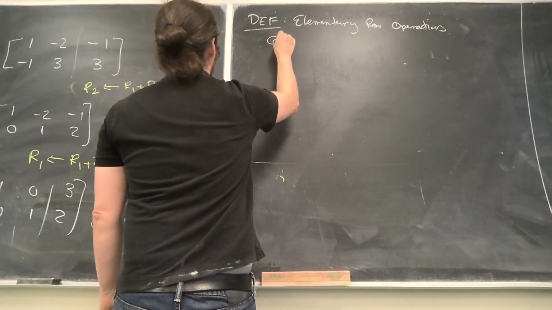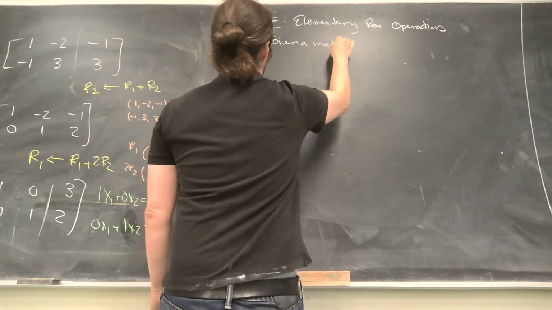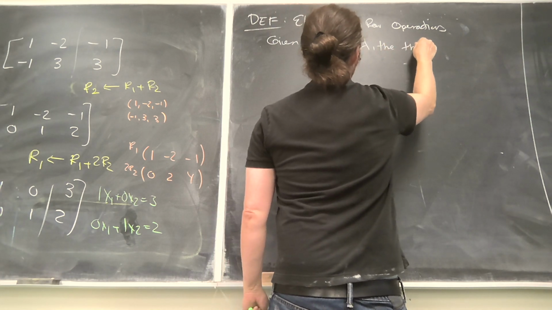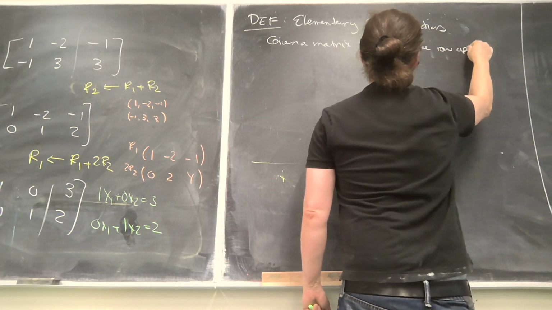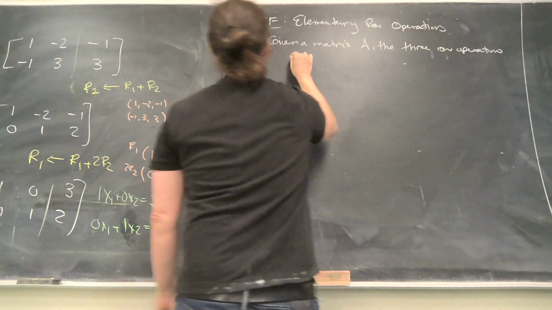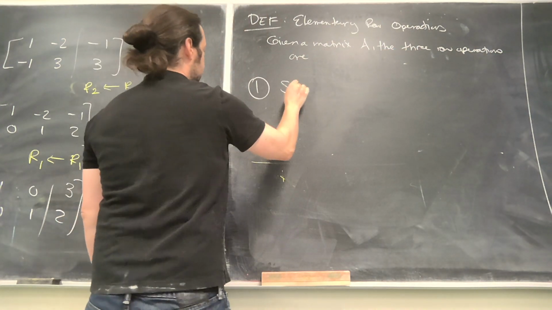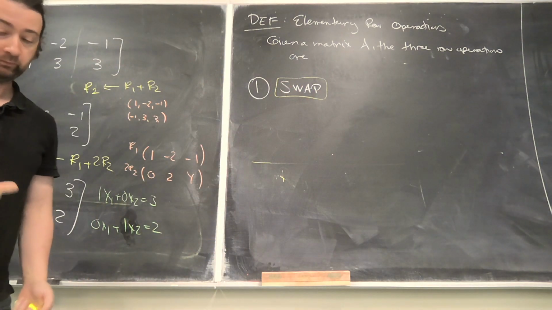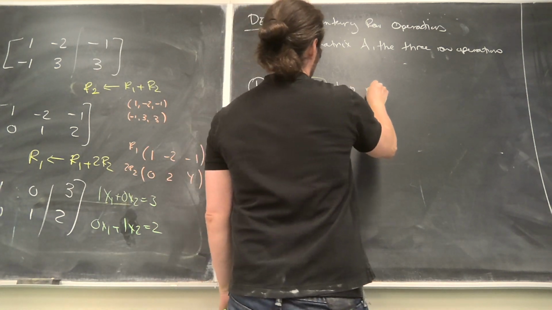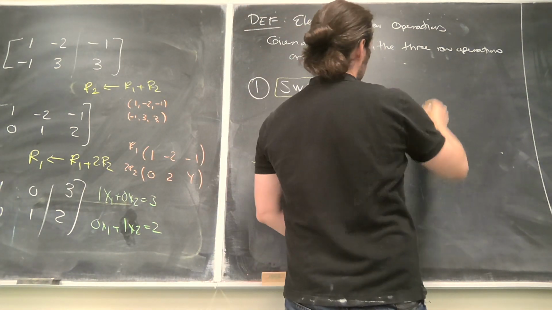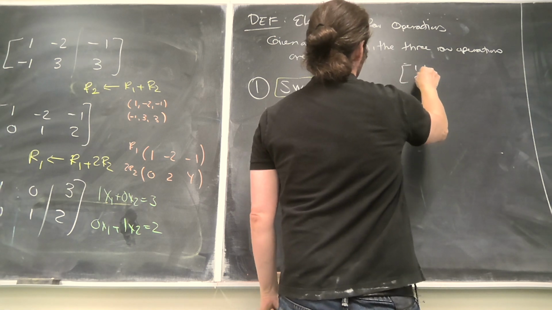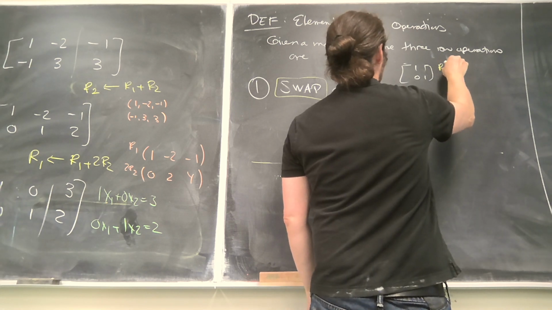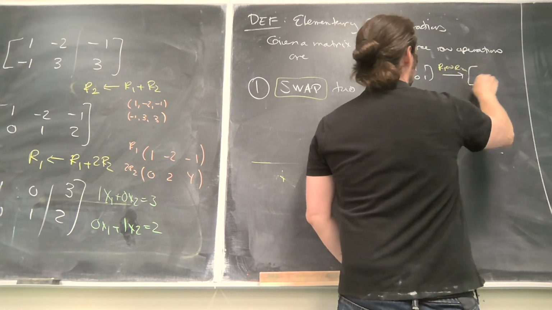Given a matrix A, the 3 row operations are: 1, I can swap 2 rows. An example here might be if I had the matrix 1, 1, 0, 1, I could switch the positions of row 1 with row 2. And that would give me 0, 1, 1, 1.